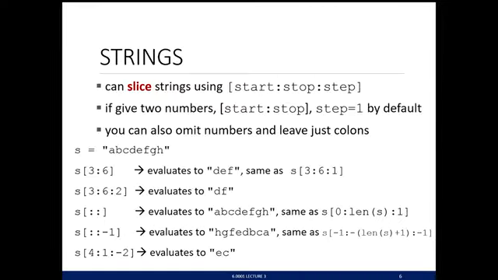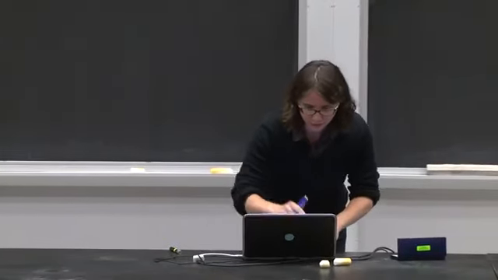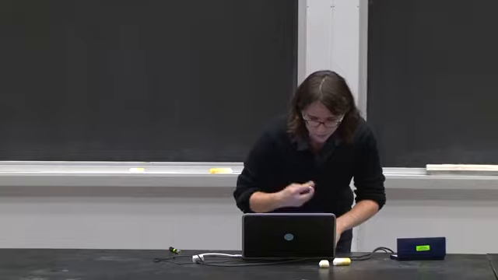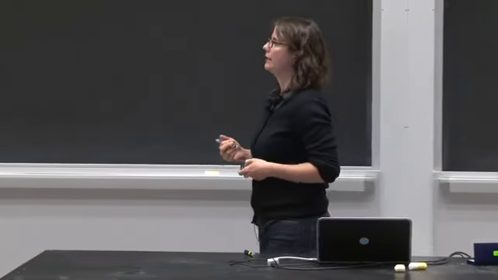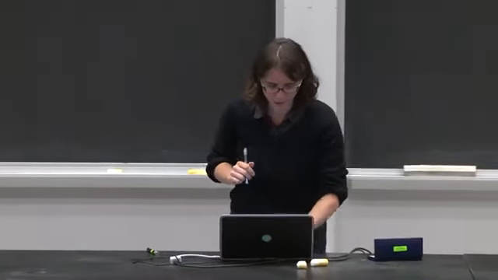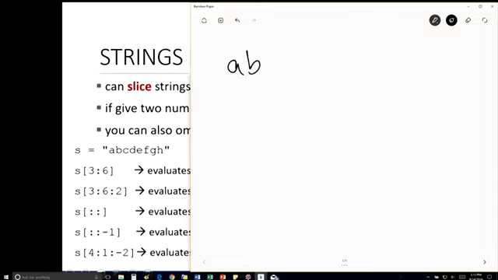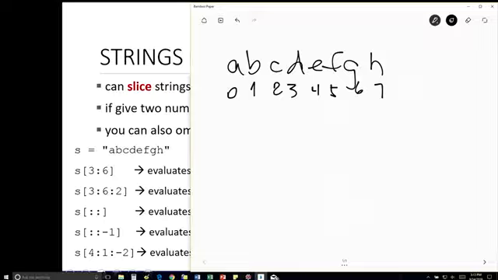So we slice using square brackets, just like indexing, except now we can give it 2 numbers, okay? So with this string s, if we slice into the string s, we start from index 3 and go up until index 6. So if we have A, B, C, D, E, F, G, H, this is position 0, 1, 2, 3, 4, 5, 6, 7.